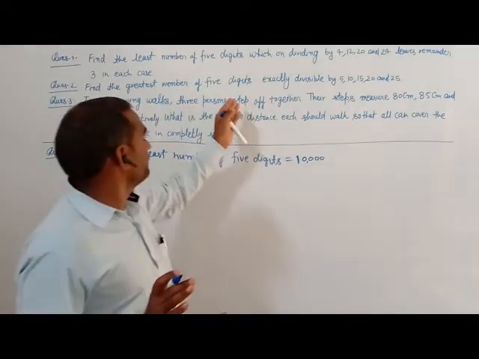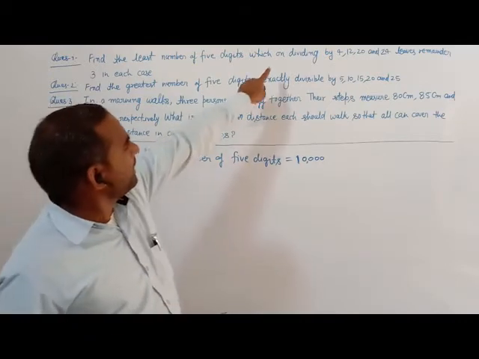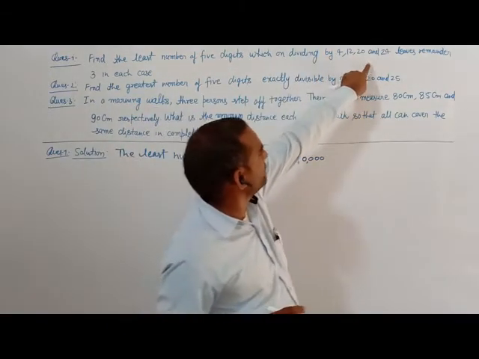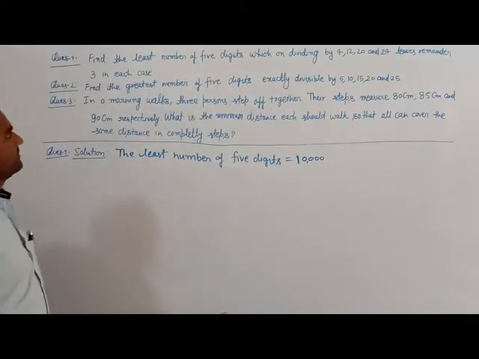But here we have to find the 5-digit number which on dividing by 4, 12, 20 and 24 leaves remainder 3 in each case.